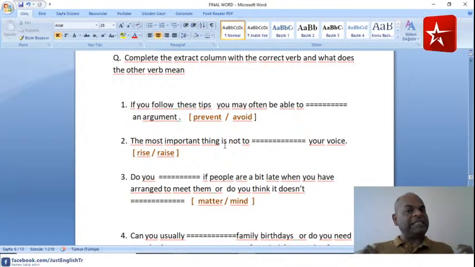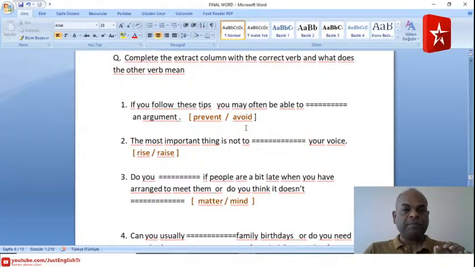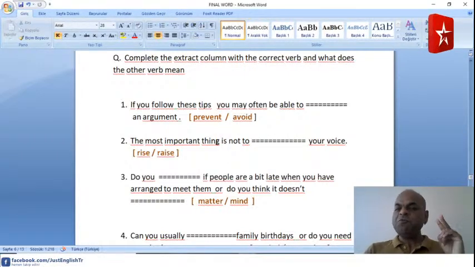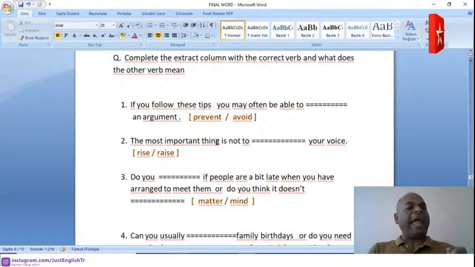If you follow these tips, you may often be able to dash an argument. Now you have two words here, prevent and avoid. Which one do you think is the answer for this sentence? Read it very carefully. What is your answer? Prevent or avoid?